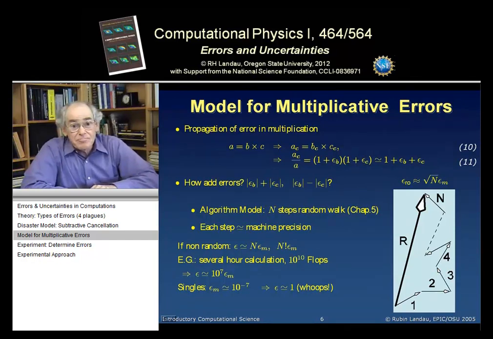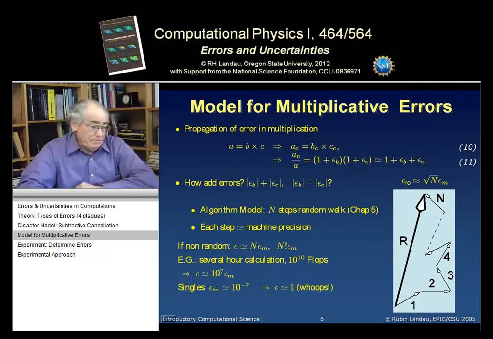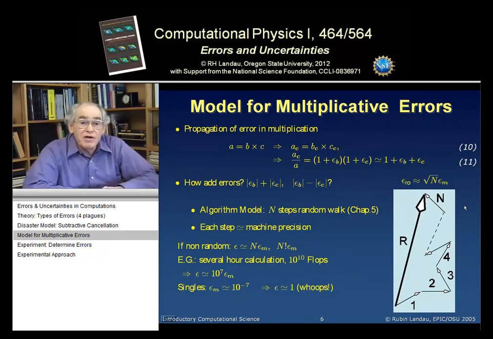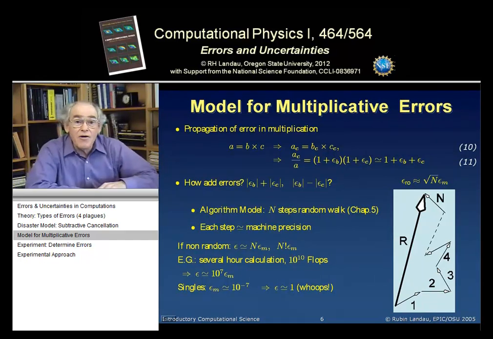So we have a model. And a model is one which we'll talk about more when we speak about random numbers and a random walk. But essentially, as you see in the picture here, if you have a step 1 in one direction, another step 2, 3, and if the directions are random, so if you add up a bunch of numbers or vectors randomly and you end up some distance, capital R, away from the origin, it turns out that the distance from the origin is proportional to the square root of n, where n is the number of steps you make.